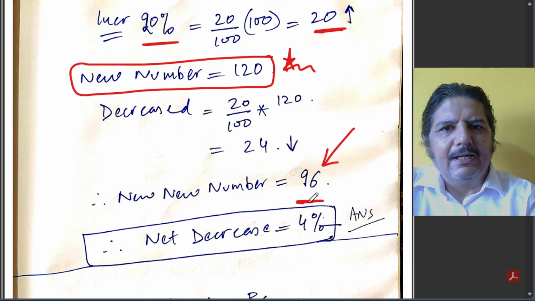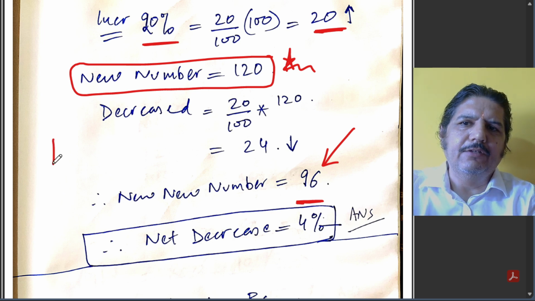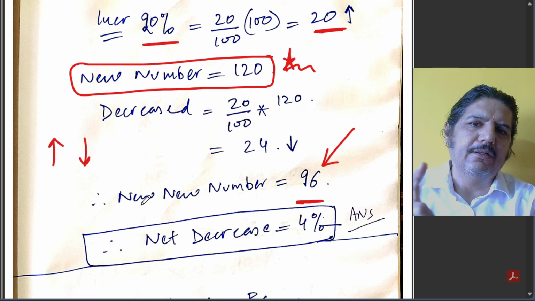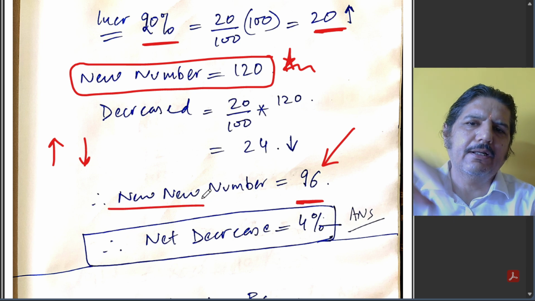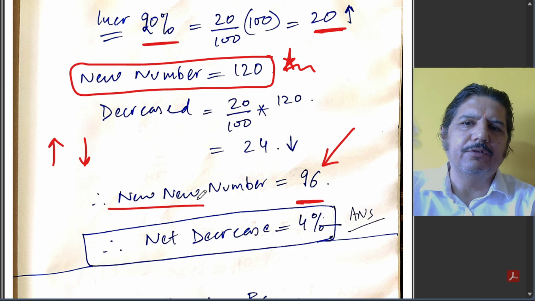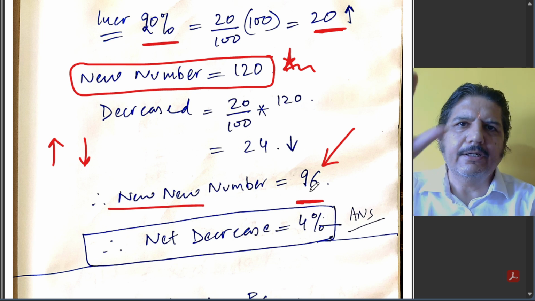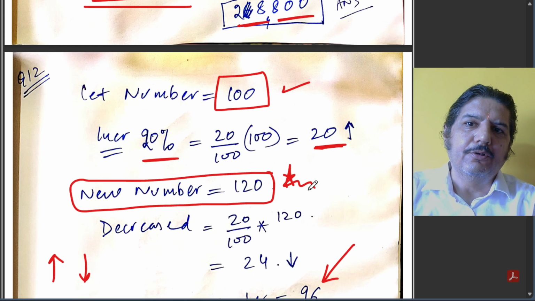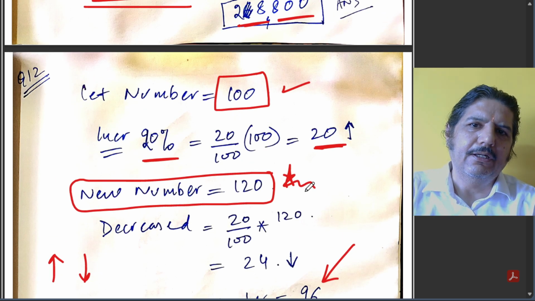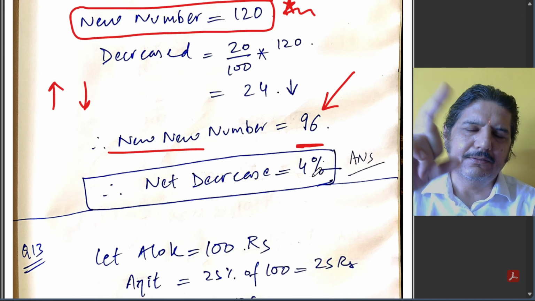So you first increase by 20%, then you decrease by 20%, and finally you get 96. Now your initial number was 100 and now you are at 96.